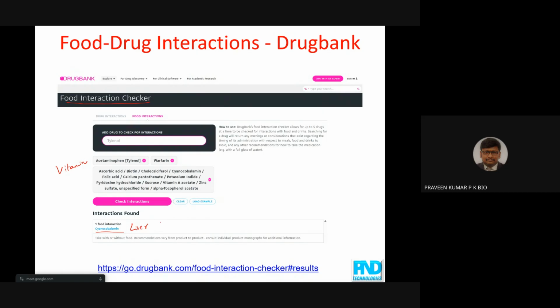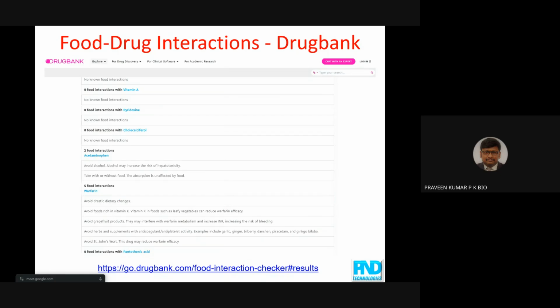If someone is taking acetaminophen and warfarin, they should not consume liver, mutton liver or chicken liver, or cyanocobalamin-enriched vitamin tablets. So this is something we can check, even food-drug interactions.